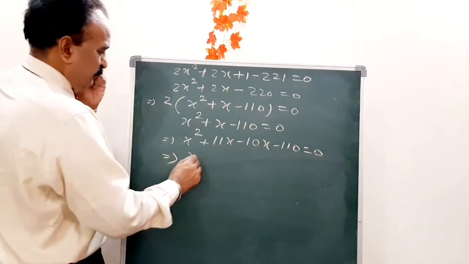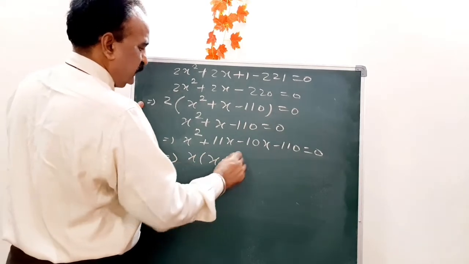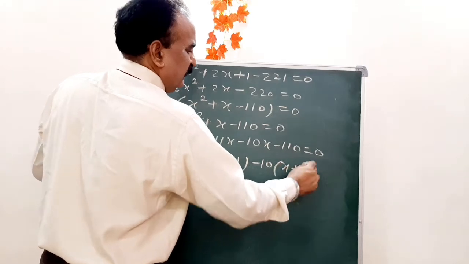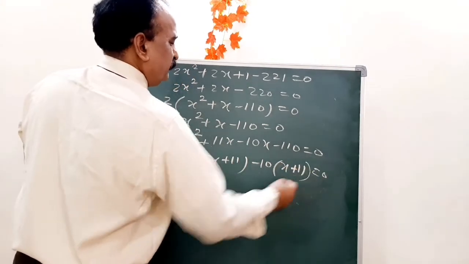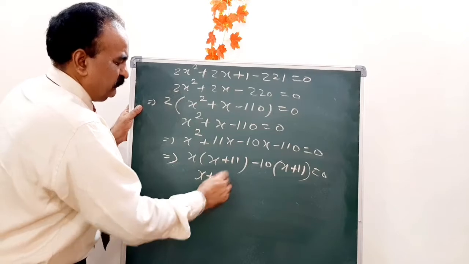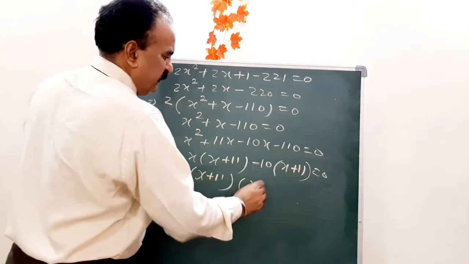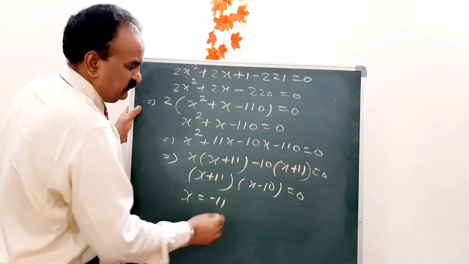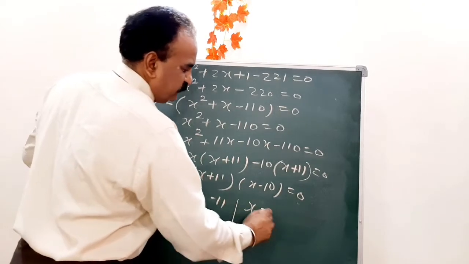It means x common, x plus 11, minus 10 common, x plus 11 equal to 0. X plus 11 common, x minus 10 equal to 0. So x is equal to minus 11 and x is equal to 10.